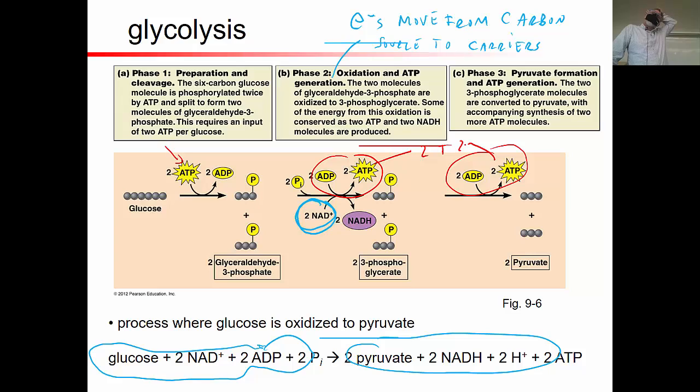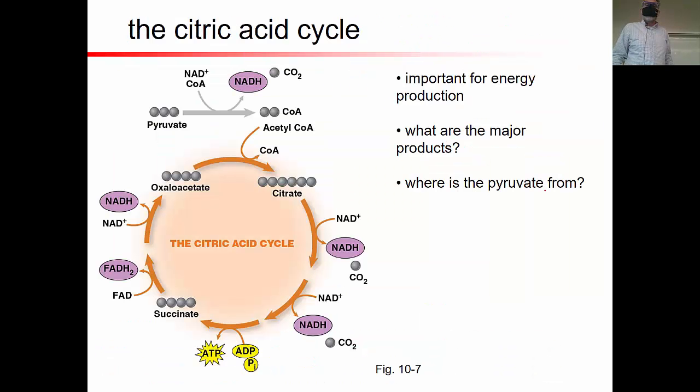So actually, breaking down glucose in the cytosol doesn't produce much energy. We filled up 2 of our electron dump trucks, and now our 6-carbon glucose is 2 3-carbon molecules called pyruvate. Pyruvate then is transported from the cytosol into the matrix of the mitochondria. And what we see here is 2 steps.